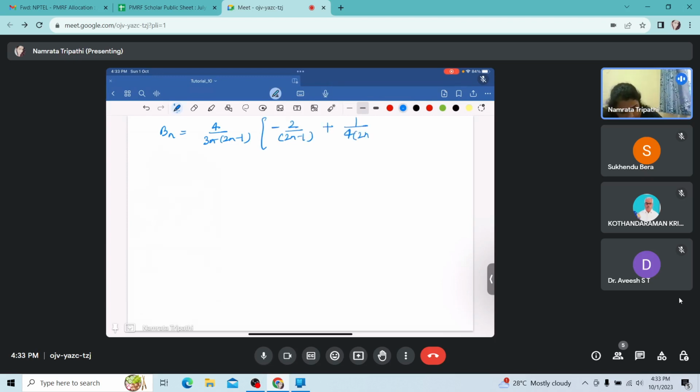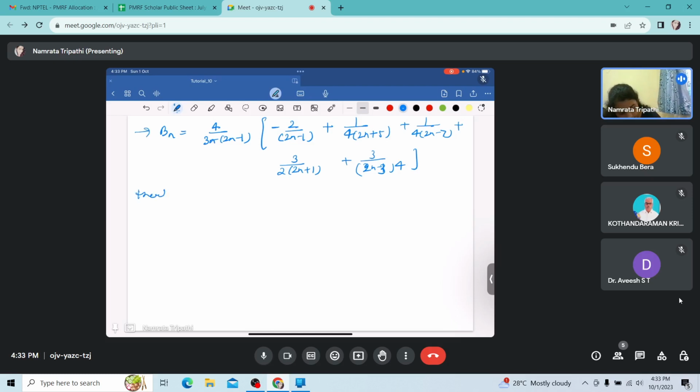This is just integration by parts, and putting the upper and lower limit. So this is the integration. A_n is 0 and B_n is given by this expression.